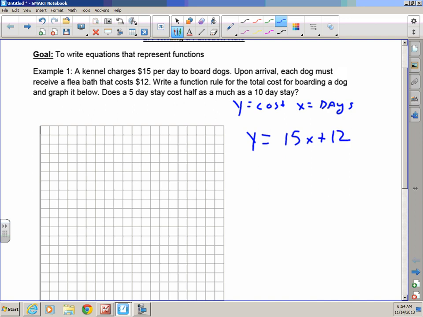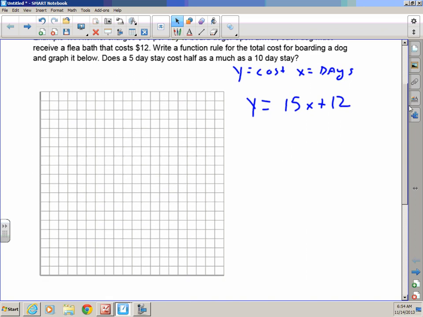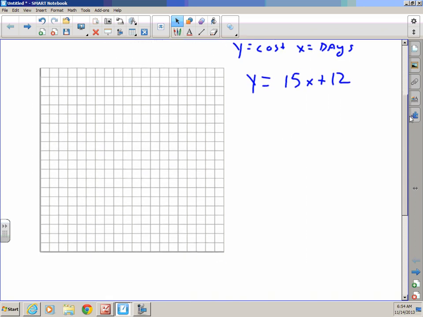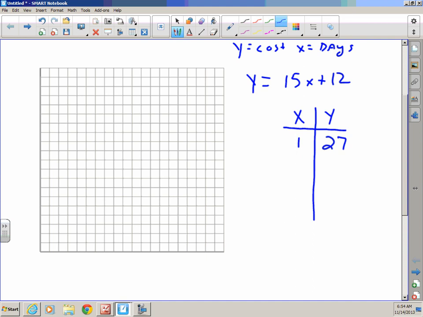Now, when graphing, especially when graphing a situation that is represented to you as opposed to just abstract numbers, it makes sense to make a little table of values so that you can see what your numbers are and get an idea of what your axes should be.